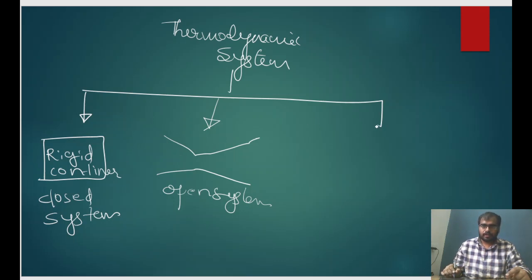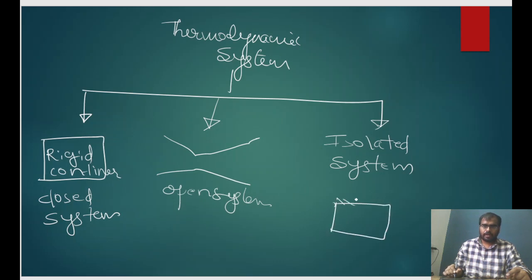Another system is called an isolated system. If in the question they give something like a rigid container isolated from the surroundings, rigid container plus isolation, then you have to assume this is an isolated system.